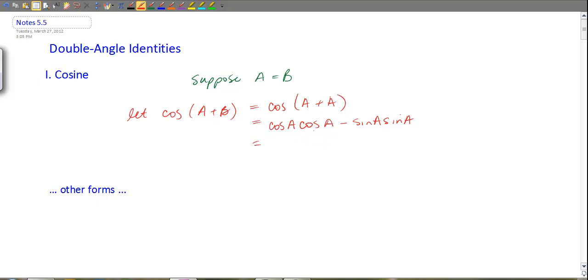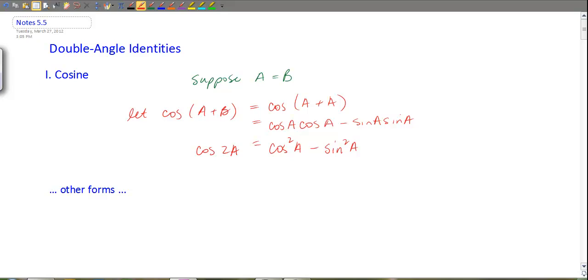Cosine A times cosine A would just be cosine squared A. And the same for here, we'd have sine squared A. So what I end up with is really the cosine of 2A equals cosine squared A minus sine squared A. And that's going to be our first double angle identity.